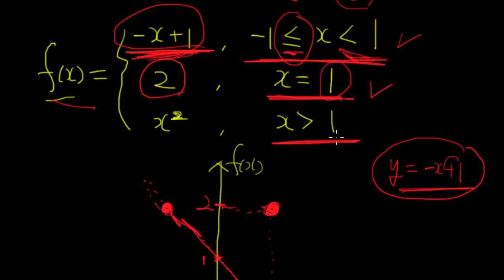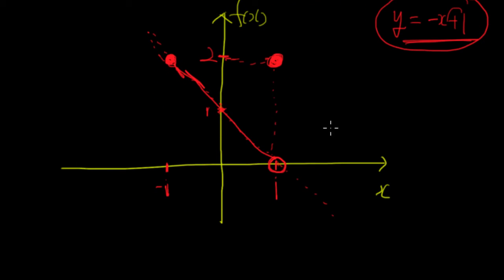What's the last piece? When x is greater than 1, our function is defined as x squared. This is the square function, but it will only work where x is greater than 1, which is this area.